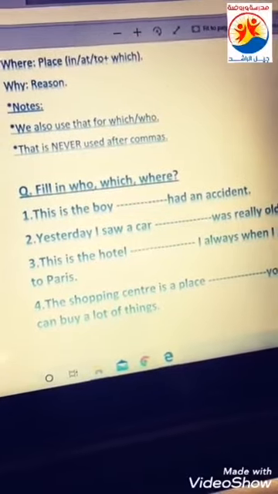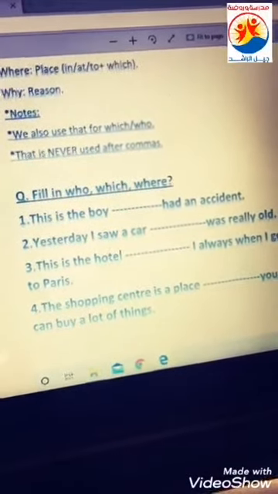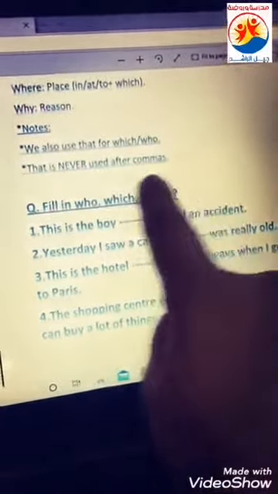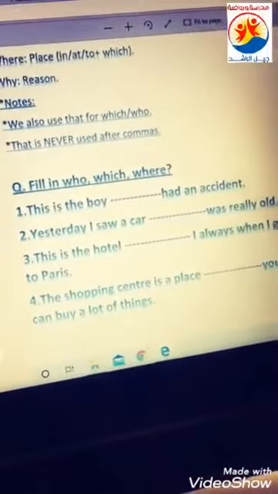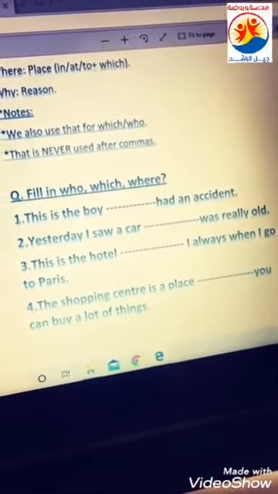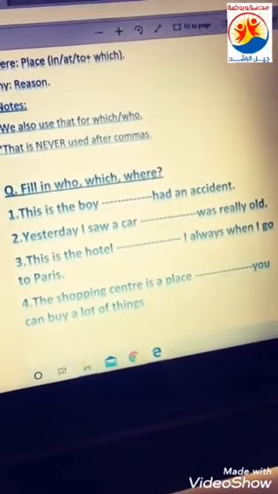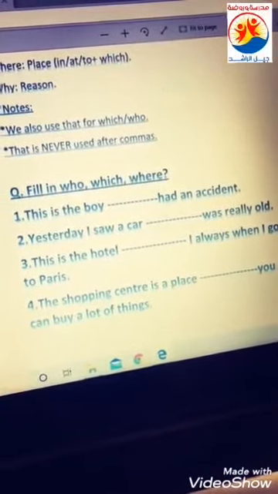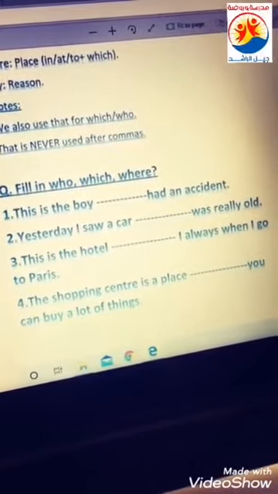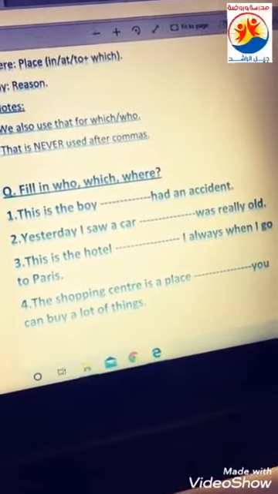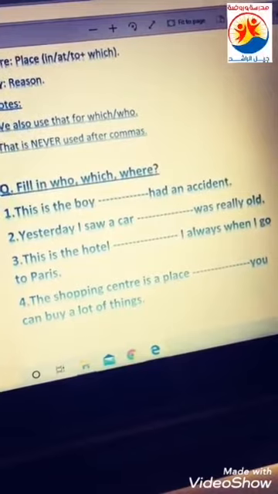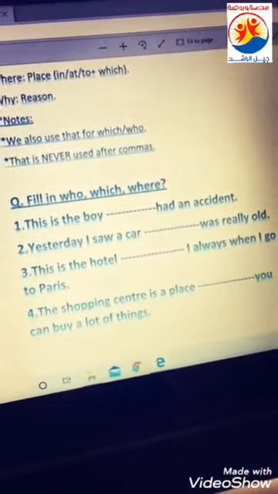Yesterday, I saw a car. We want to choose one of these choices. Was really old. This is the hotel I always stay at when I go to Paris. The shopping center is a place you can buy a lot of things.